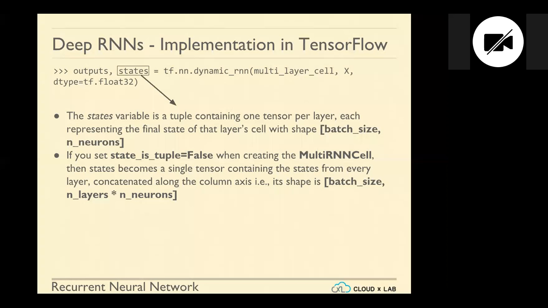If you set state_is_tuple to false when creating the MultiRNNCell, then state becomes a single tensor containing the states from every layer concatenated along the column axis. So here the states will give us the output from each of the layers. Same is the case with outputs.